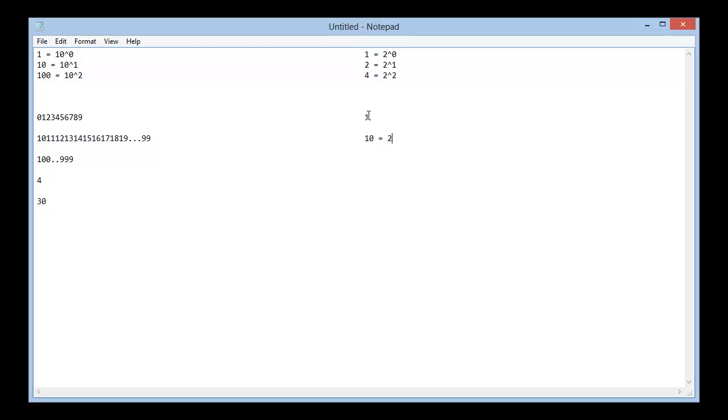And the reason it does is because, if you remember, this is our 1's place, and our 1's place has a 0. So that's just 0.